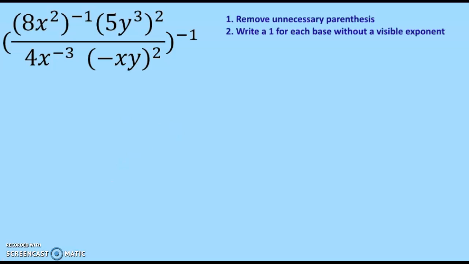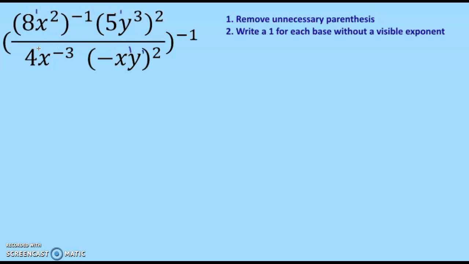The next step would be to write a 1 for each base without a visible exponent. So you can remember to distribute to the bases that do not have a visible exponent. So let's do that. There's a 1, 1, 1, 1.